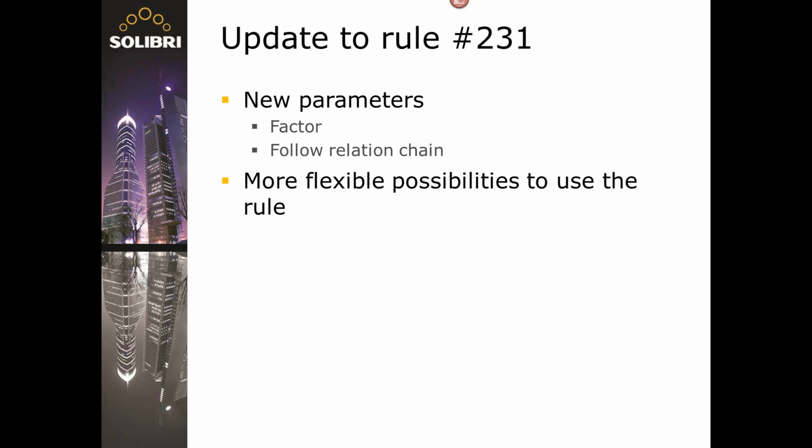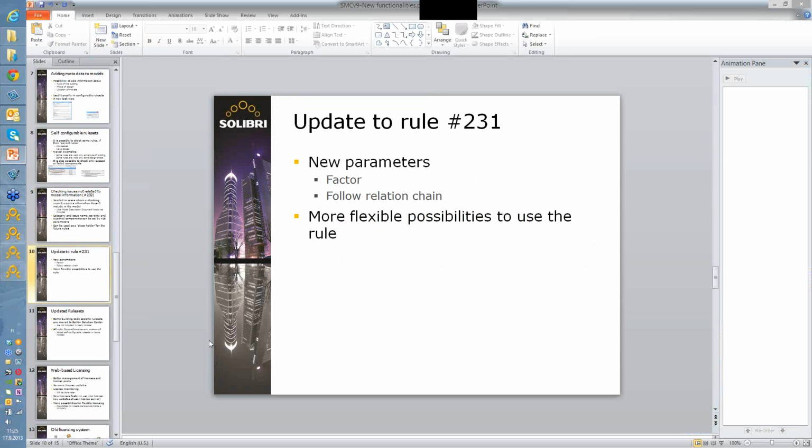There are some new parameters which allow even more flexible, more possibilities to use that rule. It is a very, very generic rule. You can have multiple different possibilities to use that, and I just have one example, and I think a couple of the listeners are interested in that.